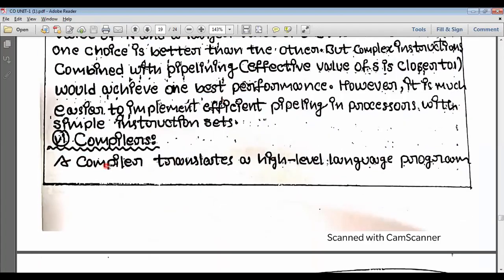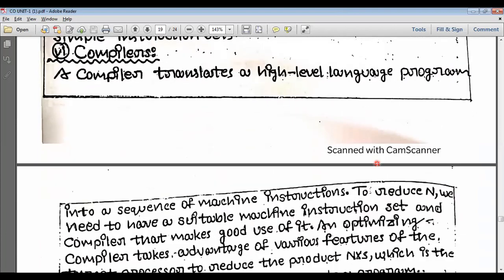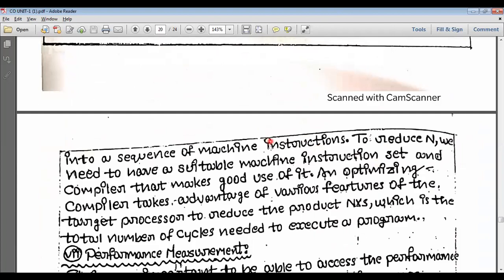Compilers. Here a compiler translates a high-level language program into a sequence of machine instructions. To reduce n, that is the number of instructions, we need to have a suitable machine instruction set and a compiler that makes good use of it. Whenever we need machine instructions, we compulsorily use the compiler.